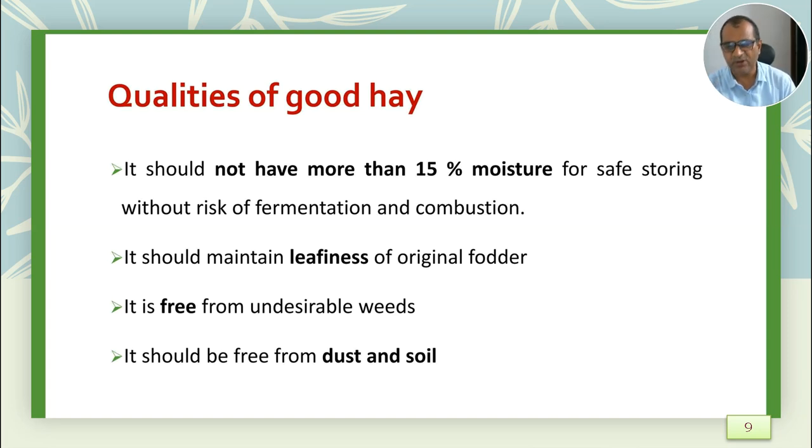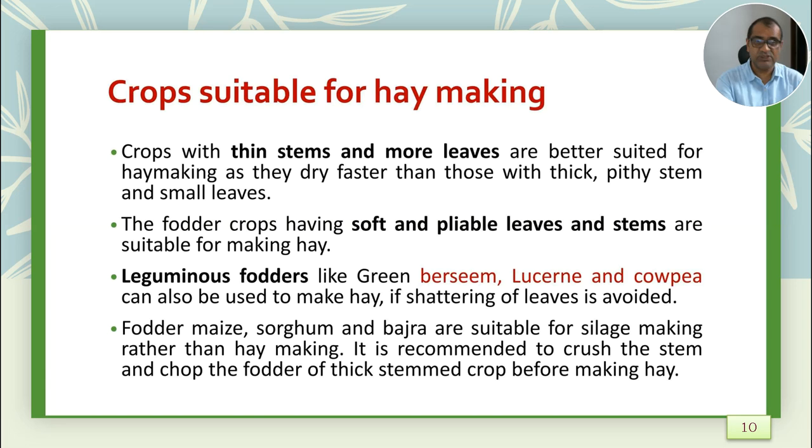Sometimes the weeds may be toxic also, and it should be free from dust and soil also. So as far as possible, we need to reduce the soil content, because while plucking the straws out of the earth, there are a lot of roots which also contain different types of soil. So they should contain less dust and also soil.